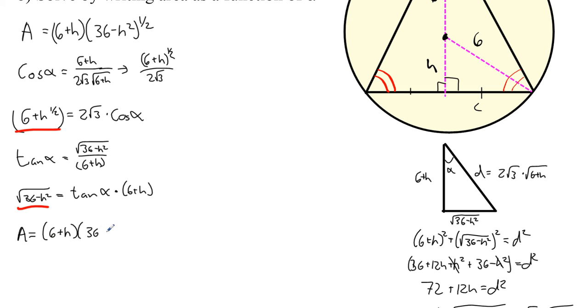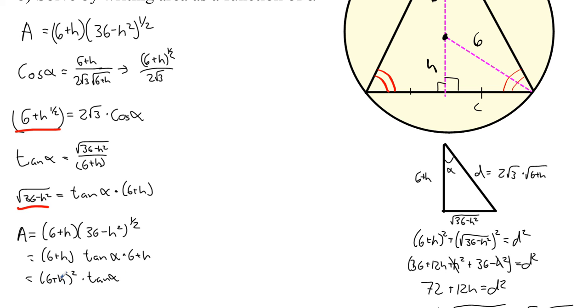It'll be (36 minus h squared) to the 1/2. All right, so (36 minus h squared) to the 1/2 is tangent alpha times 6 plus h. So let's rewrite. I've got (6 plus h) now squared times tangent alpha.